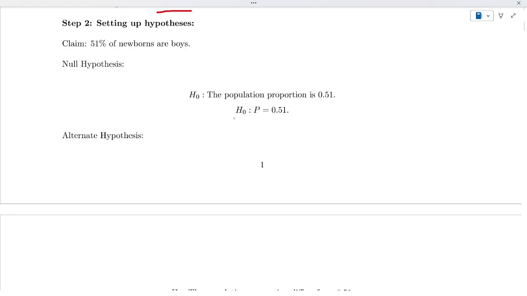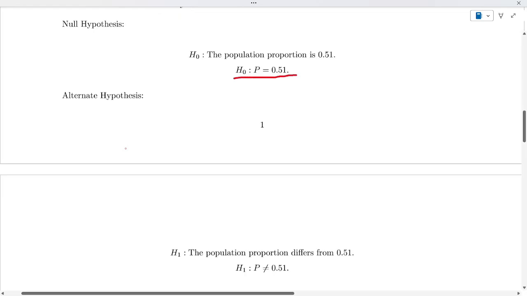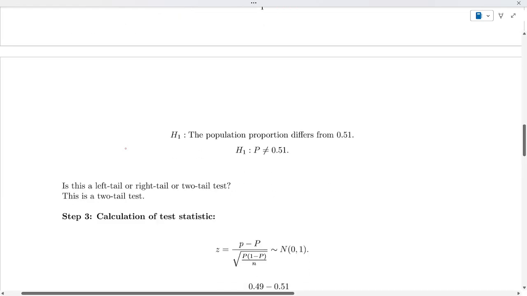When we write it in notation, we can write H0: capital P equals 0.51. What is the alternative hypothesis? In the alternative hypothesis, we need to check whether the population proportion differs from 0.51 or not. So in notation, we can write H1: capital P not equal to 0.51.